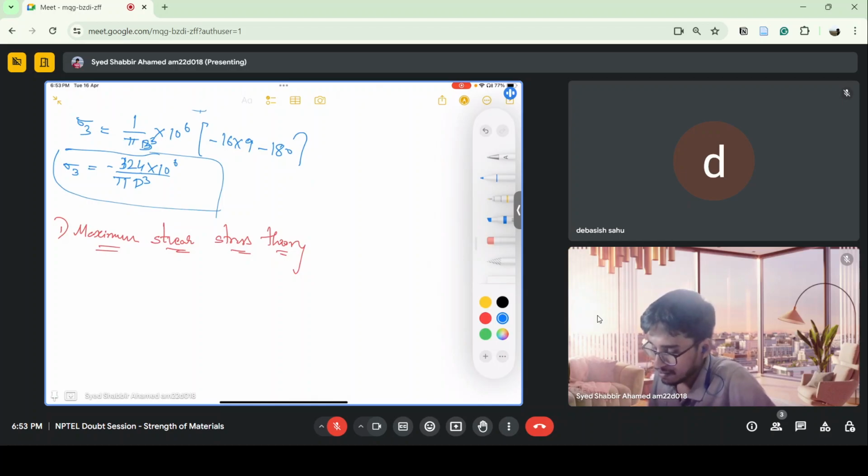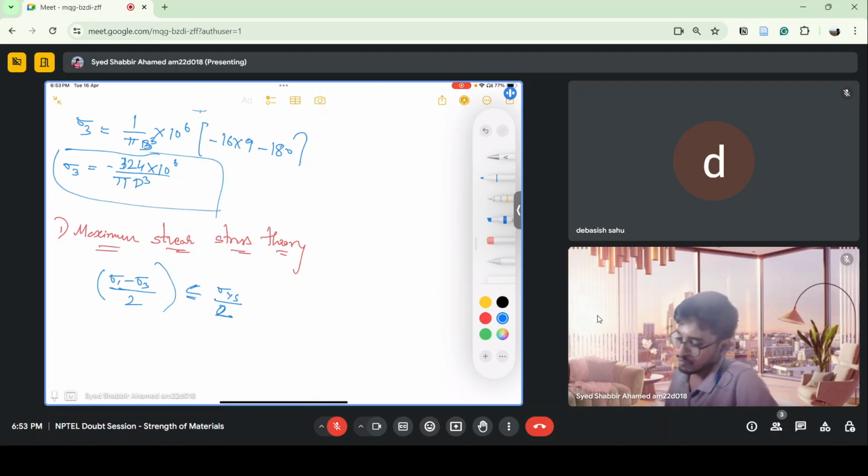So they have given that the factor of safety is 2, right? So according to the maximum shear stress theory or Tresca yield criterion, we get this: sigma 1 minus sigma 3 by 2 should be less than or equal to sigma ys by 2, so yield stress by 2.